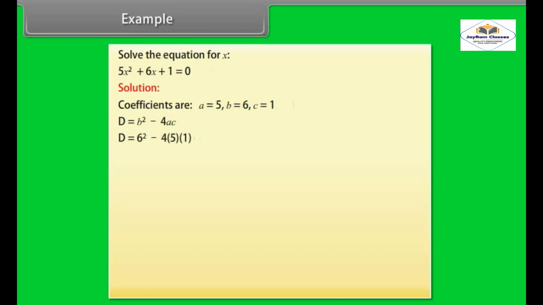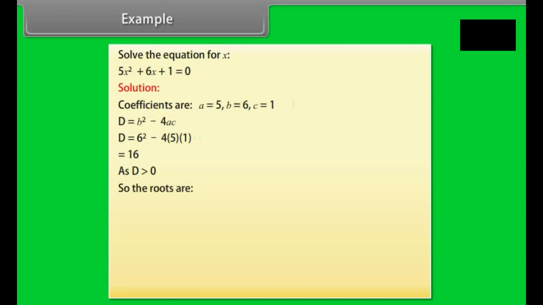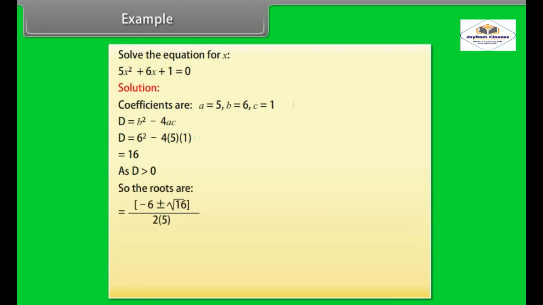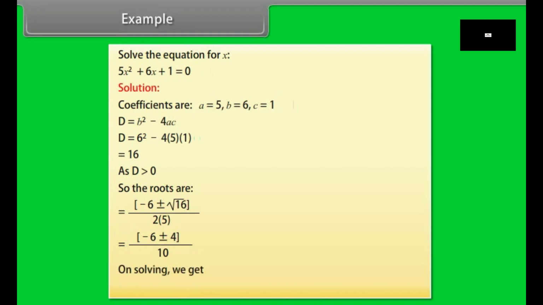D is equal to 6 square minus 4 into 5 into 1 is equal to 16, as D greater than 0. So the roots are x is equal to minus 6 plus minus under root 16 by 2 into 5 is equal to minus 6 plus minus 4 by 10. On solving, we get x is equal to minus 1, minus 0.2.